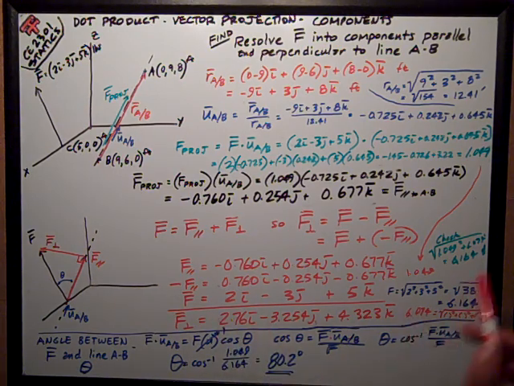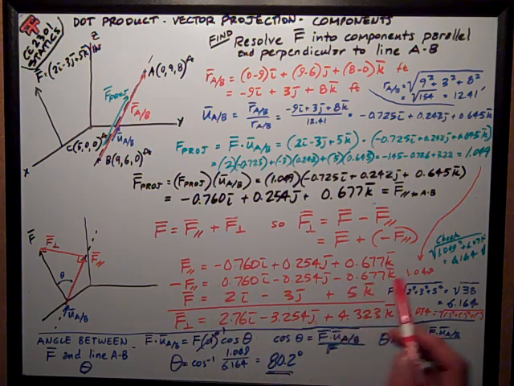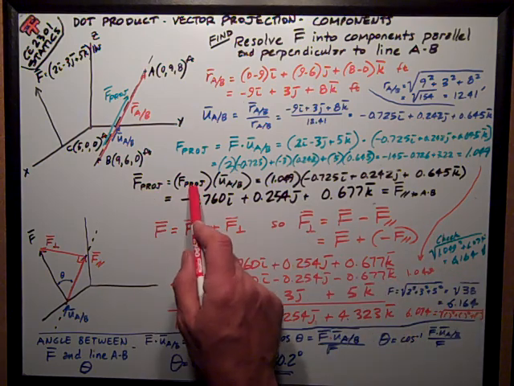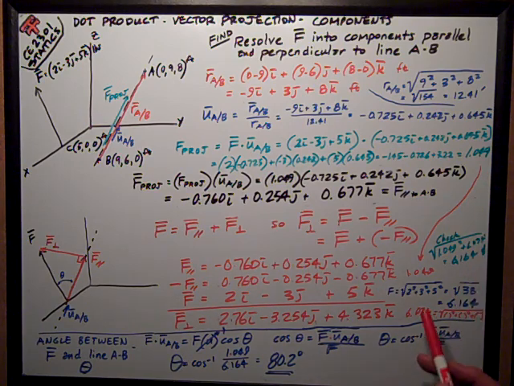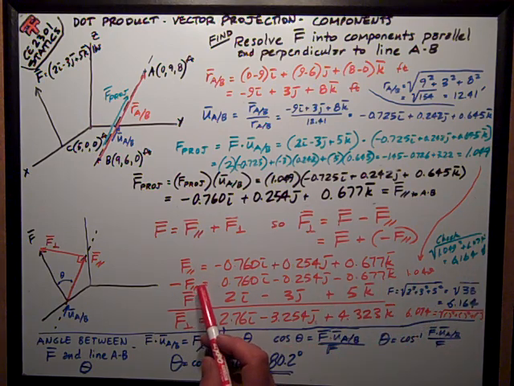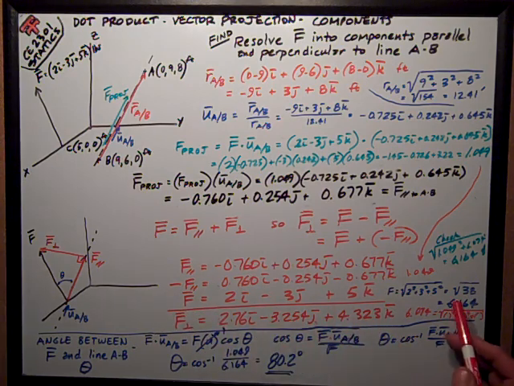So I already know that F parallel has this F projected scalar value of 1.049. So that's the length of F parallel. I can figure the length of F, the vector that I started with. Square root of the sum of the squares is square root of 38, or 6.164.